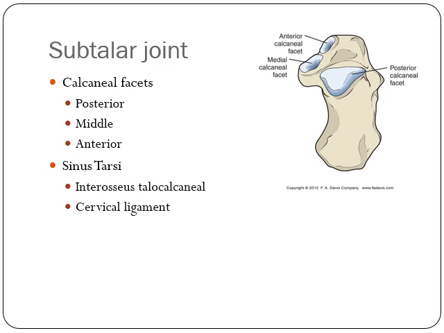You can palpate the ATF, which is an ankle joint ligament, off of the fibula. But if you go a little deeper into the sinus tarsi, you have the interosseous talocalcaneal and the cervical ligament. These both help bind the talus to the calcaneus and further support the subtalar joint. So that's an important anatomical landmark with important structures.